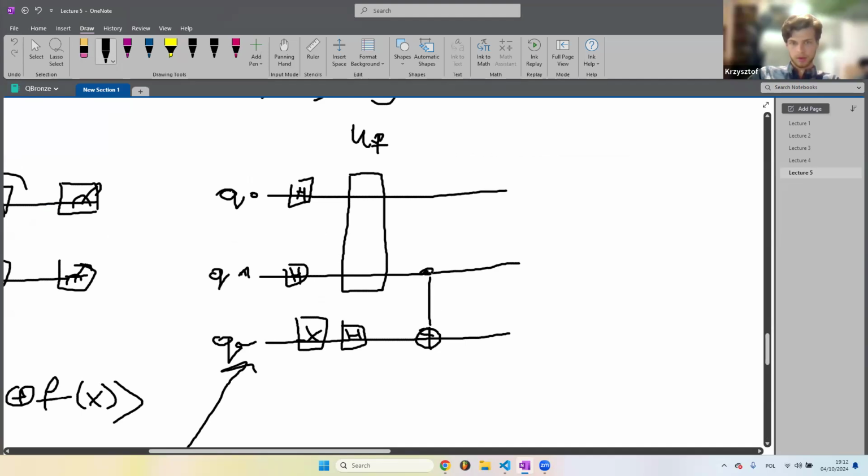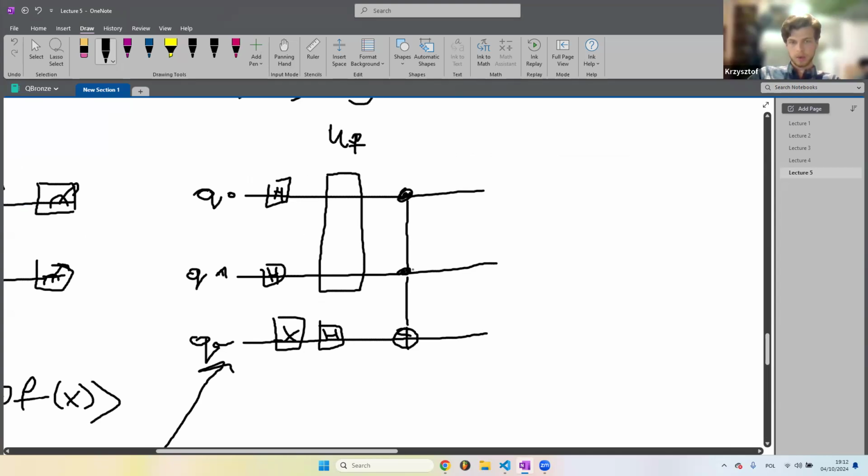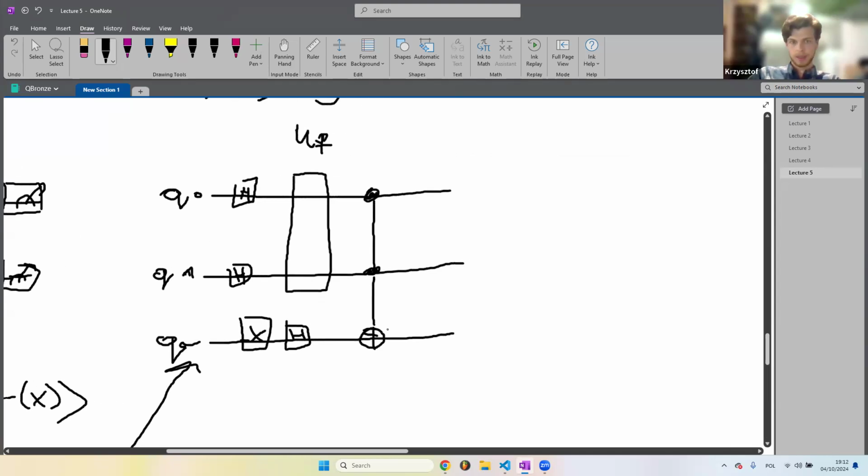So only if both qubits are in state 1, 1, then this controlled NOT gate will have the effect, and the effect of this control NOT gate will be the phase kickback of both those qubits, right?